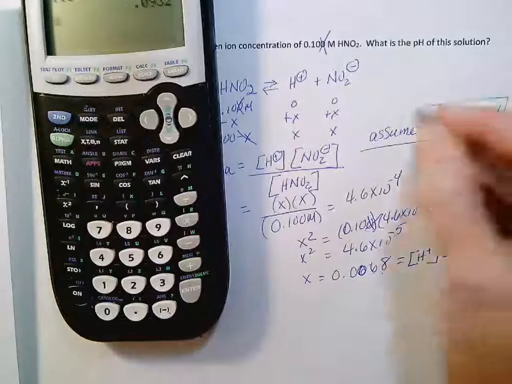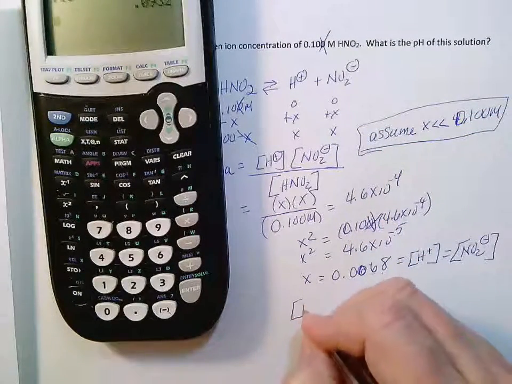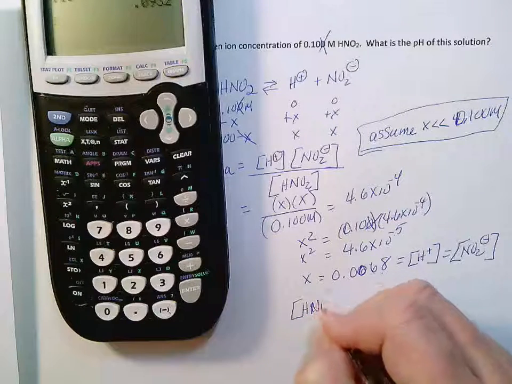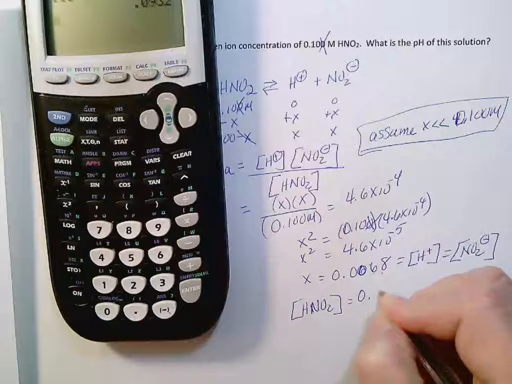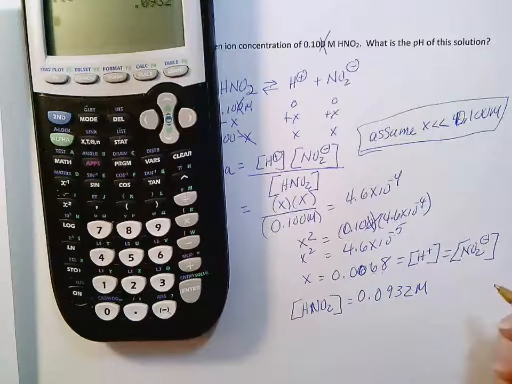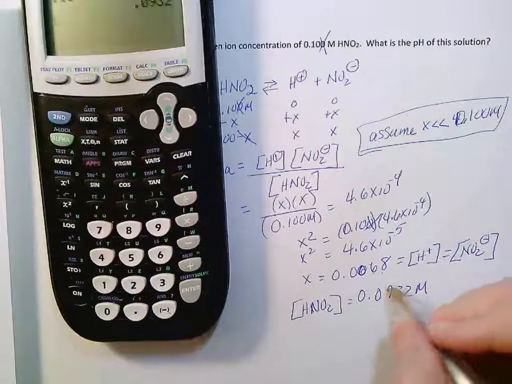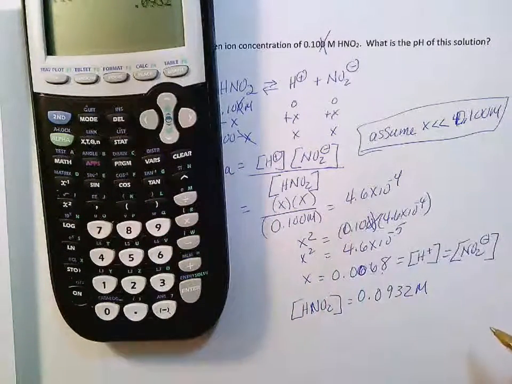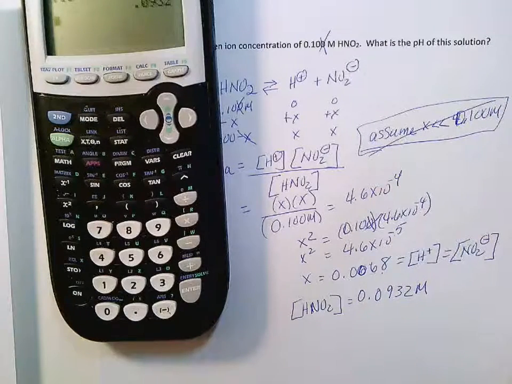This assumption is not valid, because I would get my concentration of HNO2 would equal 0.0932 molar when I subtract it from its original concentration, and that does not round up to my original concentration. So I would say this is invalid. But for the sake of argument, we're going to go with it today.